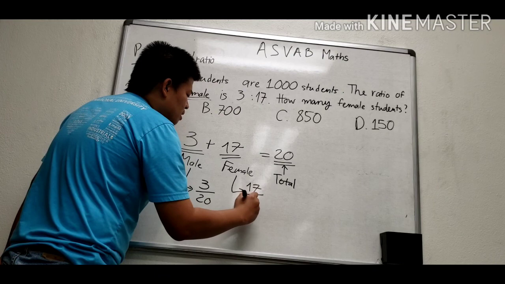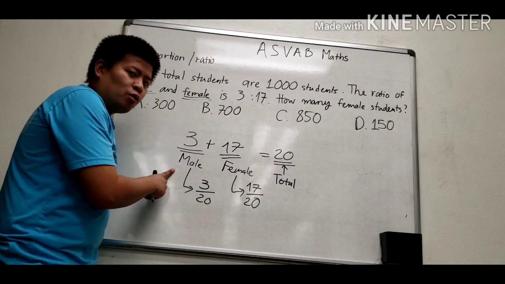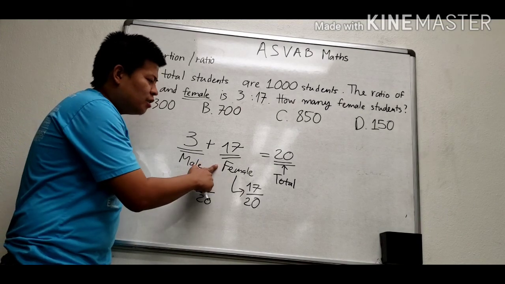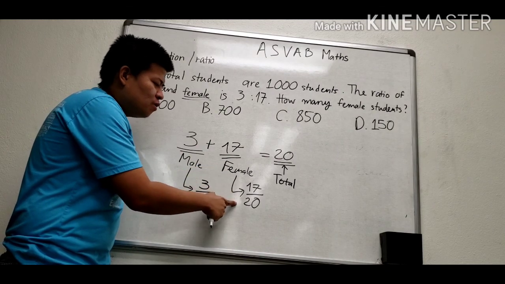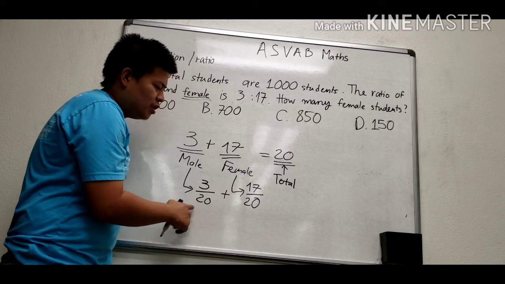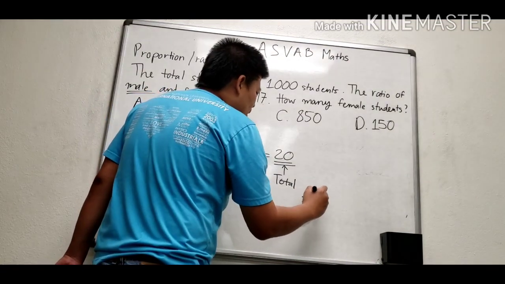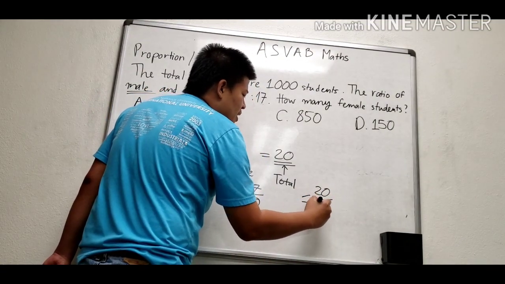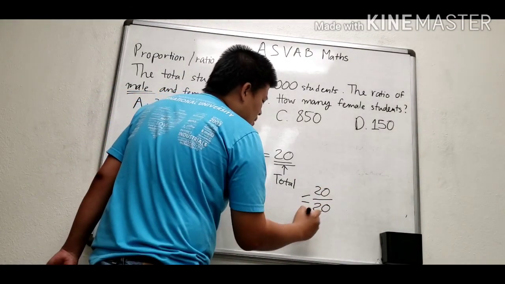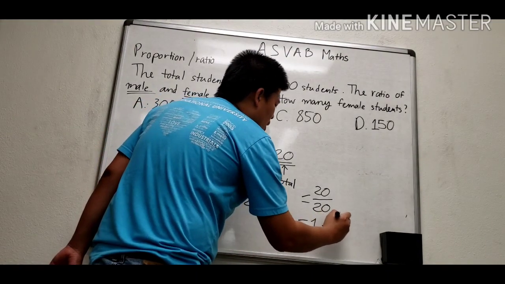So we can see the total male students divided by the whole population, and the total female students divided by the whole population, because when we sum the two fractions together, we get 20 divided by 20, which is 1, and 1 is equal to 100%.